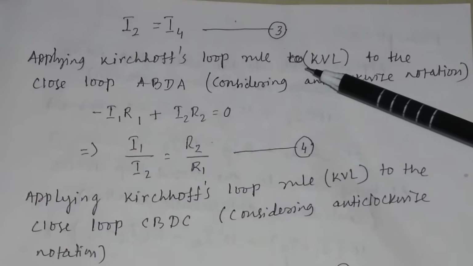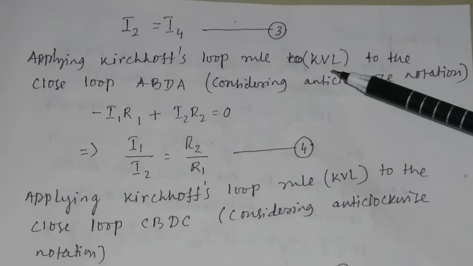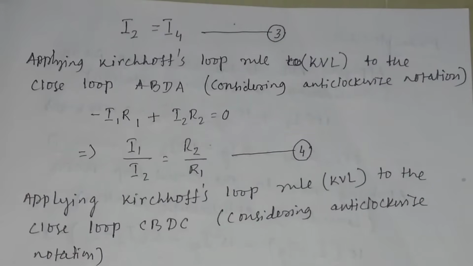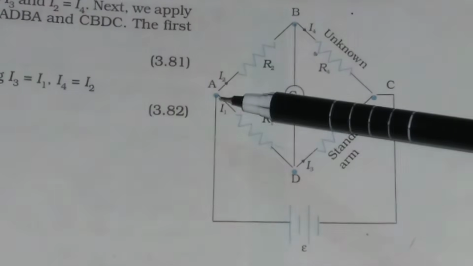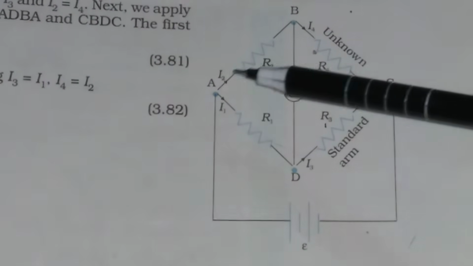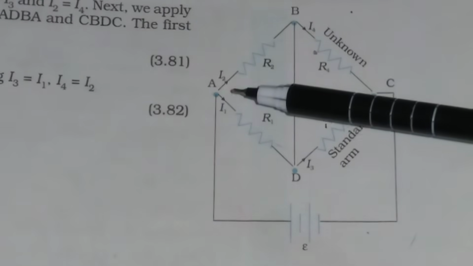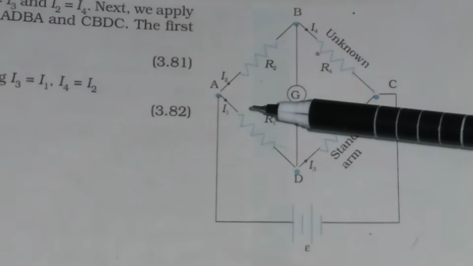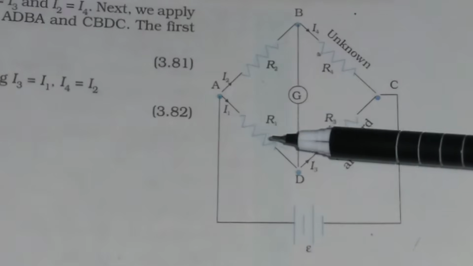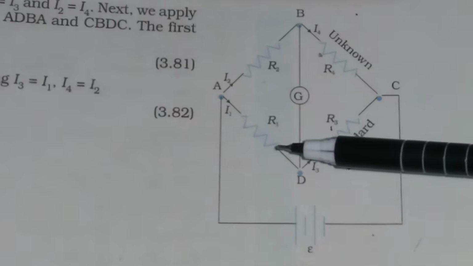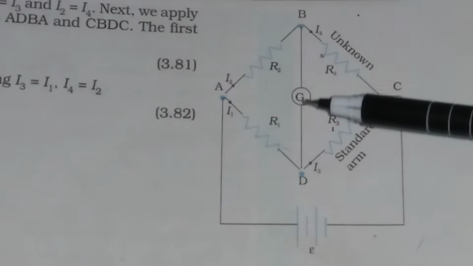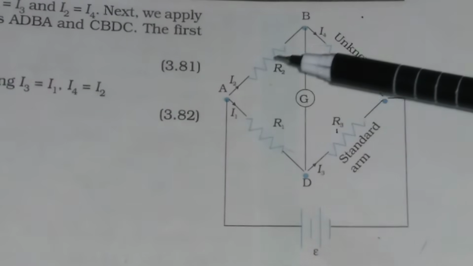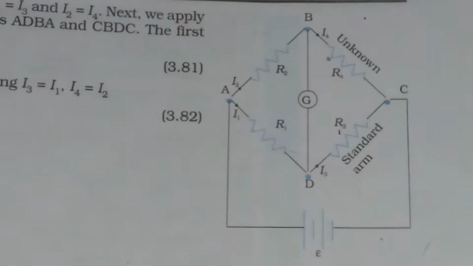Applying Kirchhoff's loop rule or Kirchhoff's voltage law KVL to the closed loop ADBA and considering the anticlockwise notation, we will get minus I1 R1, and the current through the galvanometer is equal to 0, so plus 0, then plus I2 R2 will be equal to 0.